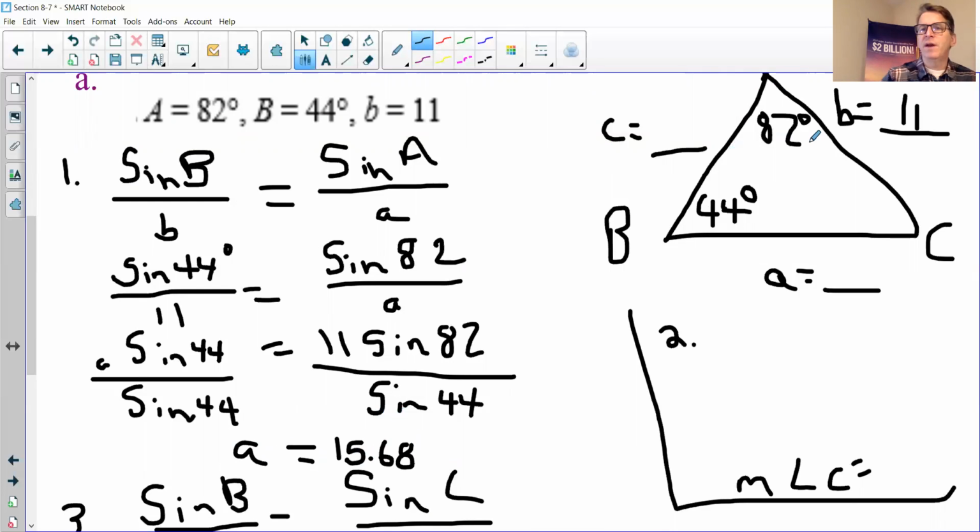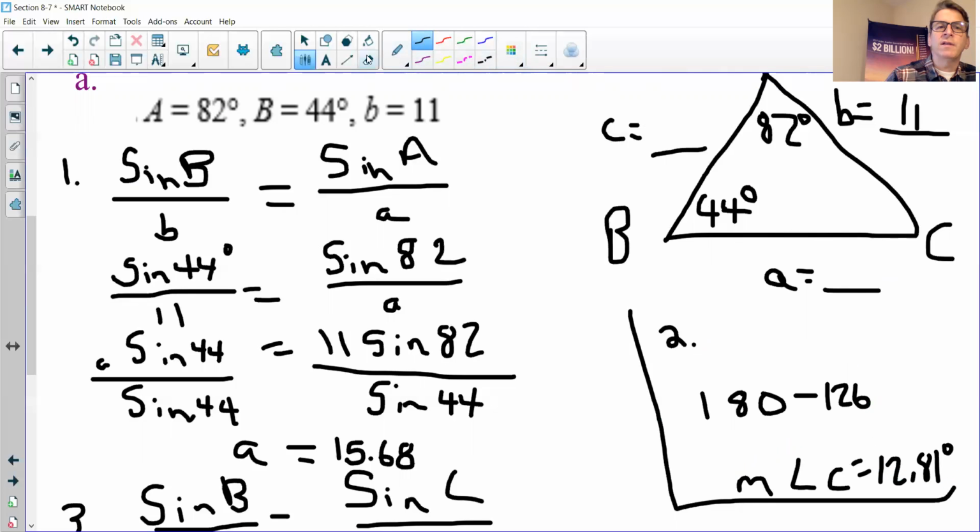Since we have A, and we have these other two angles, 82 and 44, that's going to put the measure of angle C at 54 degrees.